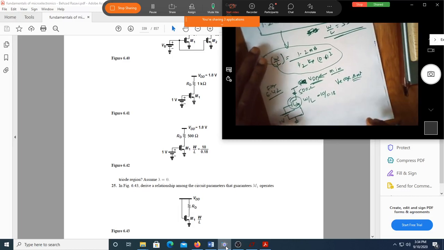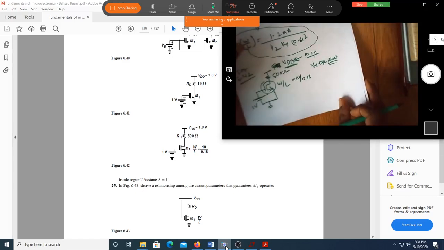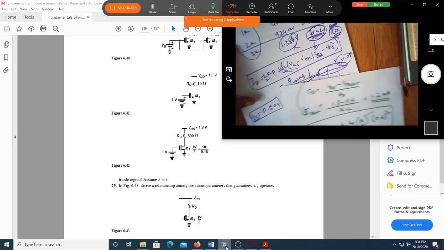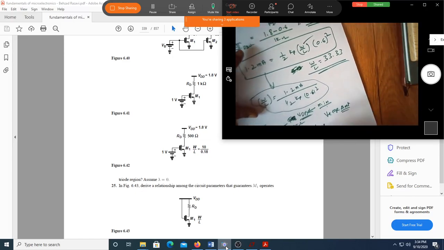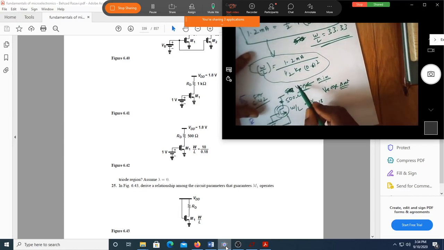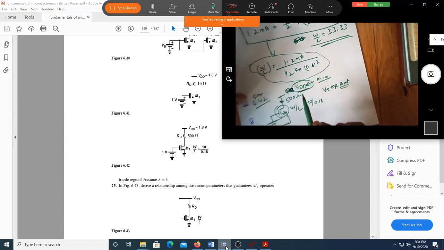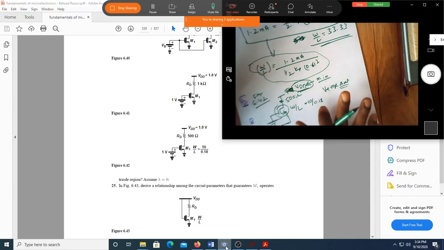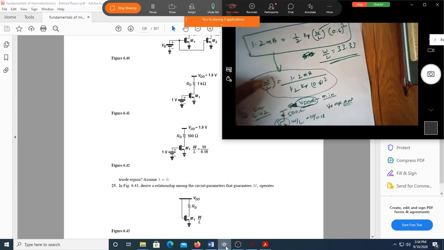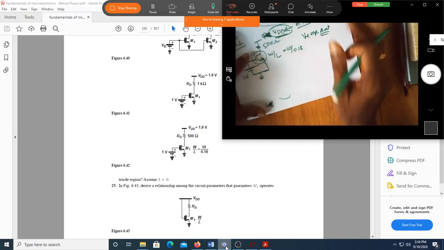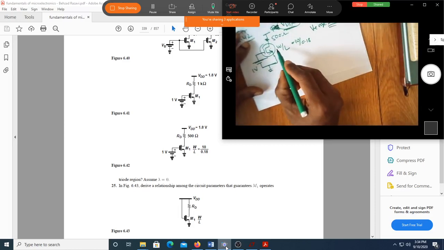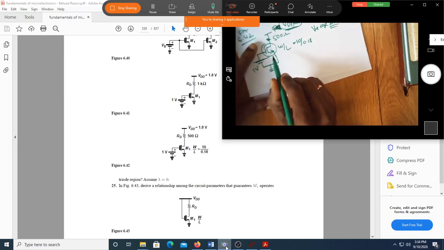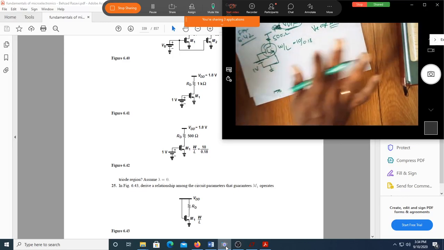Now in the previous question they asked what is the value of W by L. Now in this problem they are asking for the minimum allowable VDD to keep the MOSFET at the verge of saturation. Correct? Yes, sir. Now shall we start with the ID expression? Because they are talking in terms of not to enter triode region, means it should be in saturation.